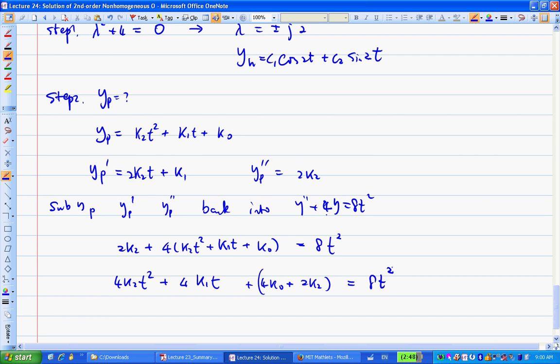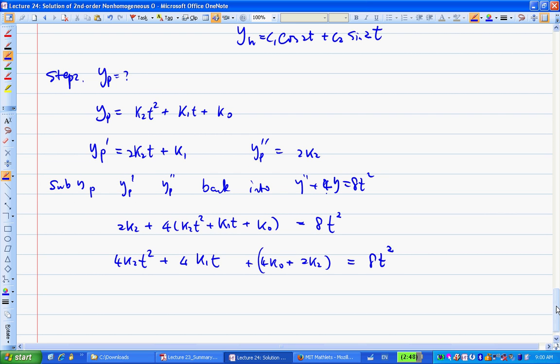Alright. So the reason we do this is basically you're trying to solve for k0, k1, k2, right? So how do we solve the three things here? Essentially you compare the coefficients of the right side with the coefficients of the left side. Look at this right side here: it is 8t squared plus 0t plus 0.